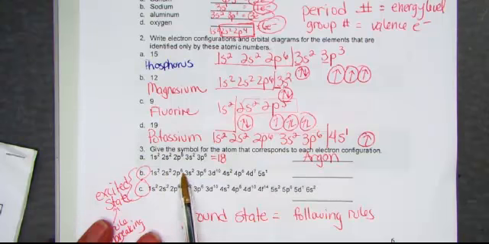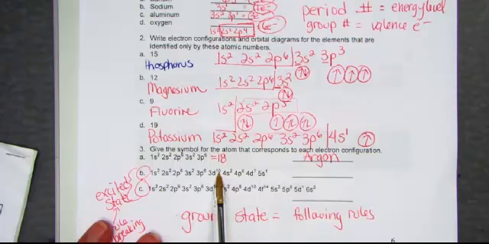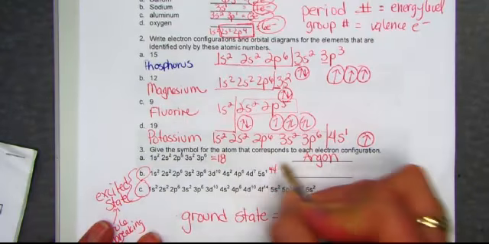2 and 2 is 4. 6 more gets me to 10, 12, 18, 28, 29, 30, 36, 37, and 7 make 44.